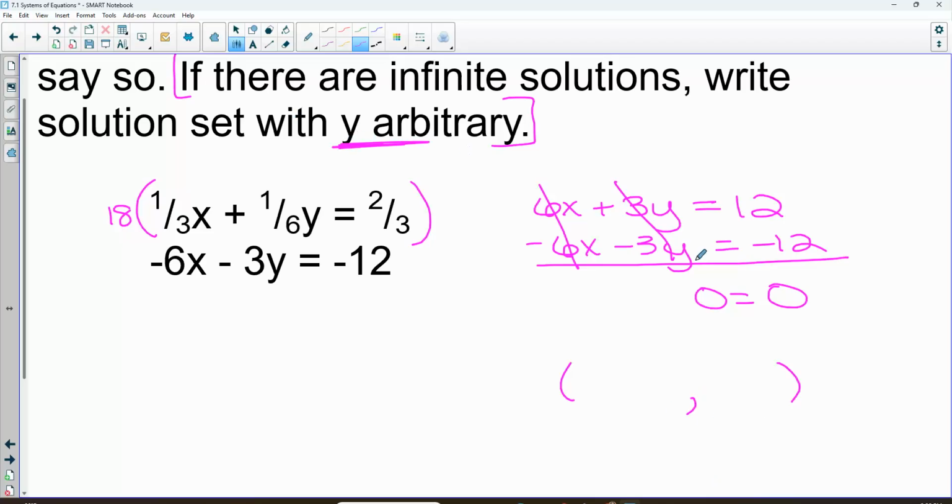If y is arbitrary, y is the variable that I keep. That means I need to describe my x's. Is everybody with me right here? So I'm going to take one of these equations, I'll just go with the second one, and I'm going to solve for x.